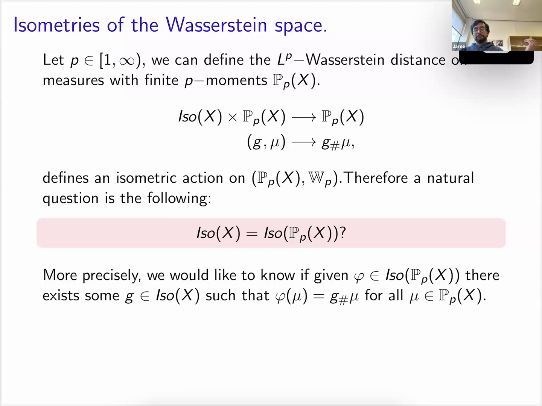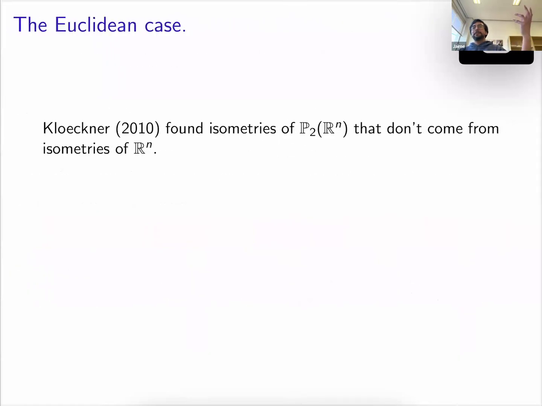Before I even thought about it, someone else has already considered it, at least on Euclidean spaces. And in 2010, Kloeckner found something quite surprising, that there are isometries of the L^2 Wasserstein space in R^n that don't come from isometries of R^n.